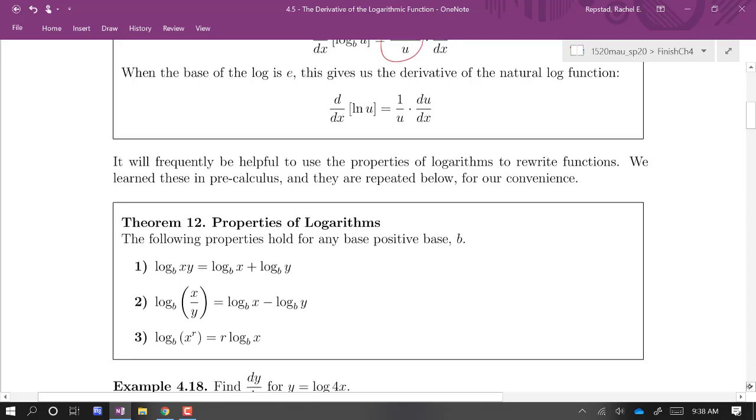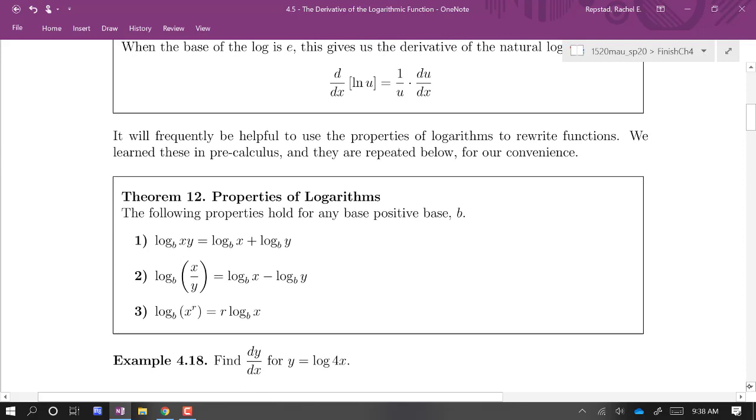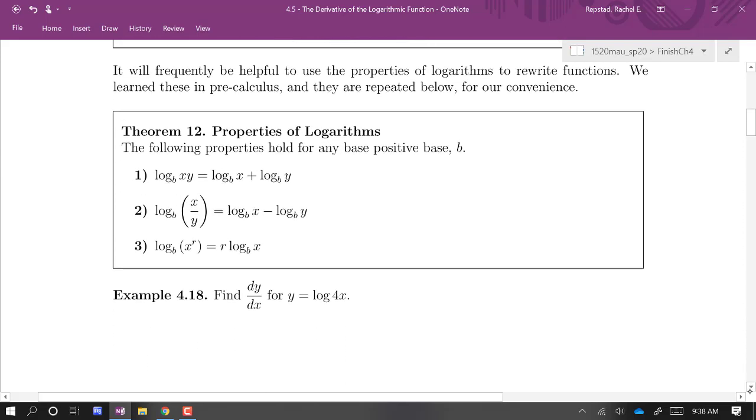We're going to find it helpful to review some properties of logs, to use these properties sometimes to rewrite functions. For starters, we'll note that the log base b of a product x times y is log base b x plus log base b y. In other words, if we're multiplying inside a log, we can split it up as adding the two logs together. Similarly, in item 2 here, if we're dividing inside a log, we can split that up as subtracting the two logs.